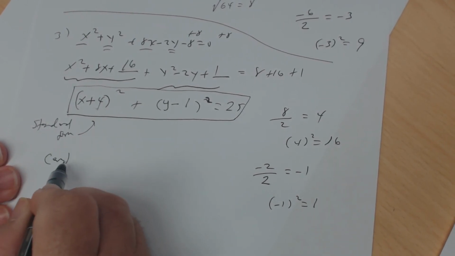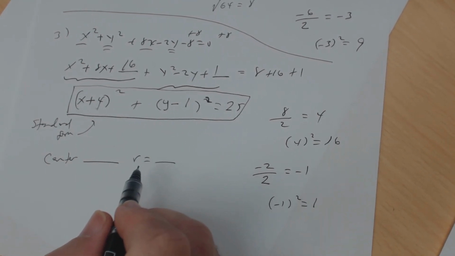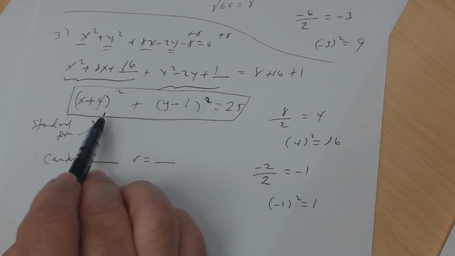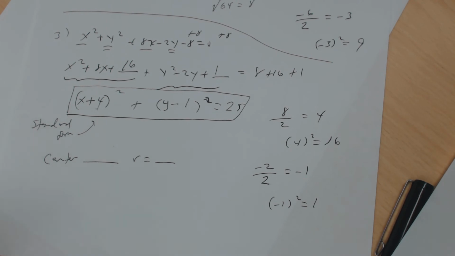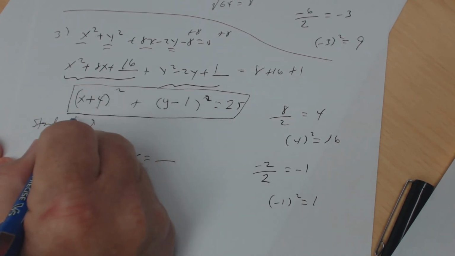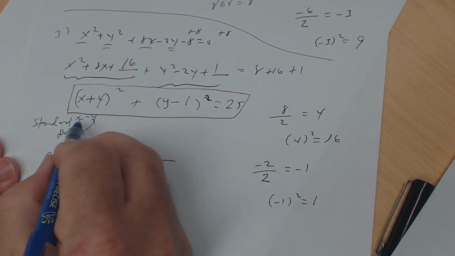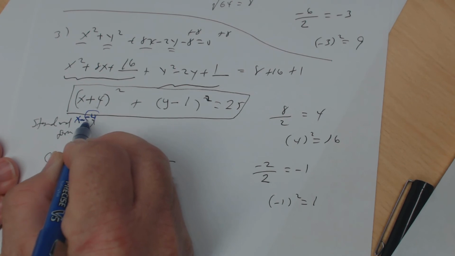Okay, now let's find the center, and let's find the radius. All right, so the center, remember, it's got to be x minus, y minus. So you have to think about this. This x plus 4 is really x minus a negative 4. So there's your h right here.